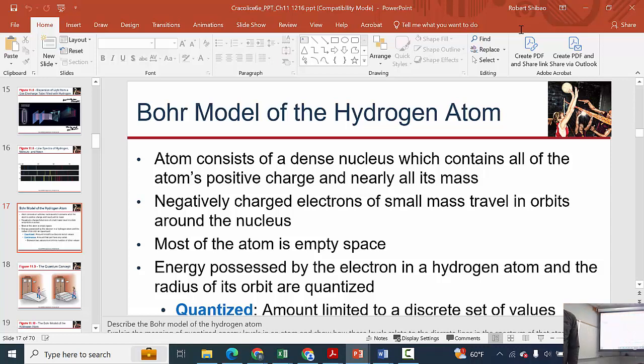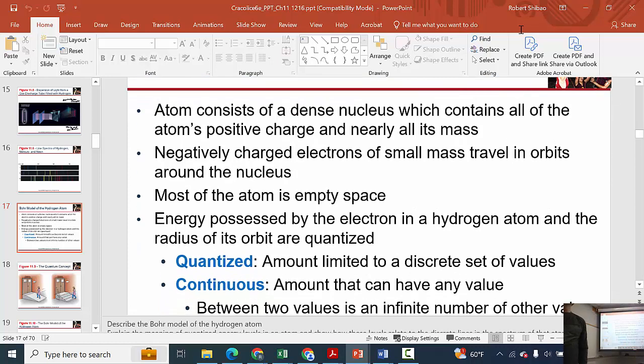When we think about orbits, we think that we can have any orbit. If you want a closer orbit, you slow down and you'll get closer, like a satellite orbiting Earth. Or if you want a further orbit, you speed up. Normally any orbit's allowed; it just depends on how fast you're going and how much energy you have. But in the Bohr model, not any orbit is allowed.